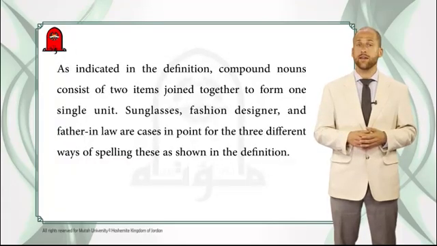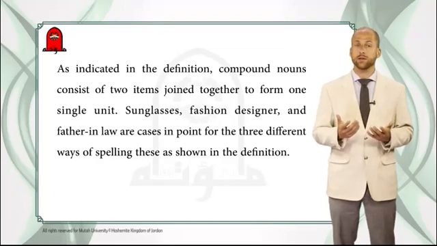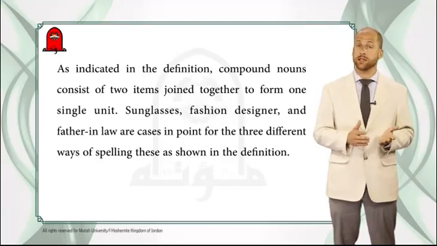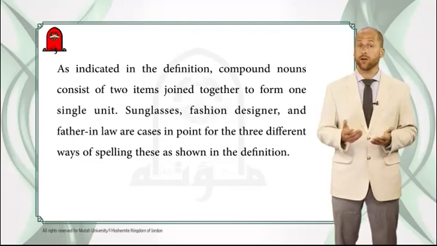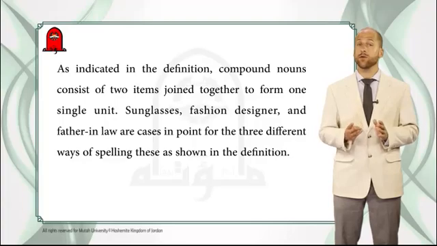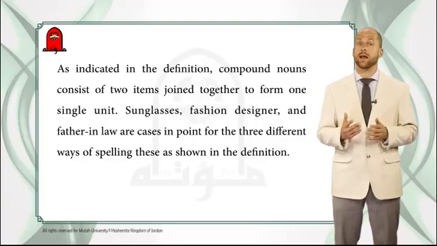As indicated in the definition, compound nouns consist of two items joined together to form one single unit. Sunglasses, fashion designer, and father-in-law are cases in point for the three different ways of spelling these as shown in the definition.